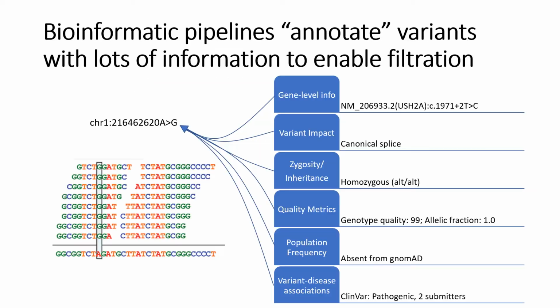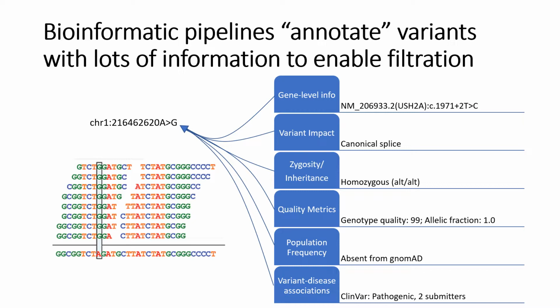So in order to be able to filter variants by things like population frequency cutoffs, you first need to go through a step called annotation, which is a bioinformatics step, where you actually append each variant with a large amount of information. The example shown here is a single variant.